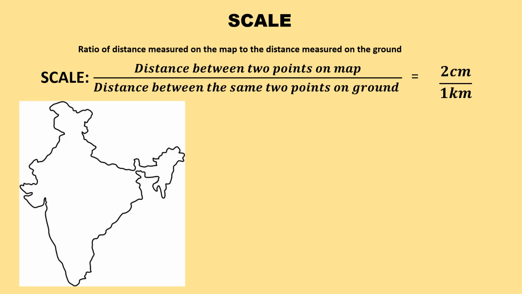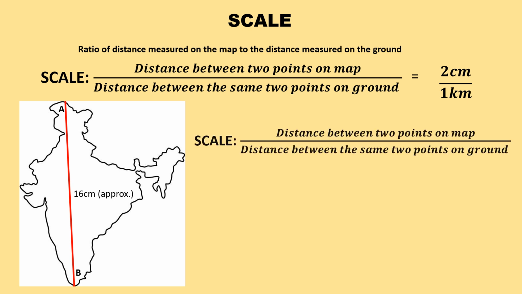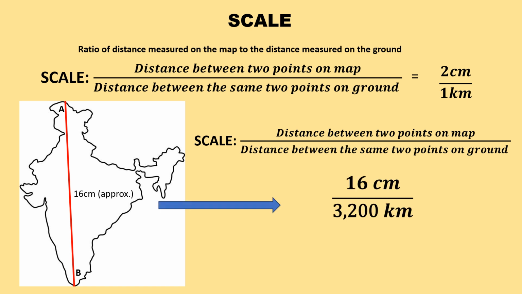For example, let us say we draw a straight line on a map of India connecting the northernmost point with the southernmost point, marking it as A and B. Now, as we measure it on a piece of paper or on a map, we get approximately 16 centimeter. But the actual ground distance is 3200 kilometer. And when we represent these both as a ratio, we get the scale of the map.